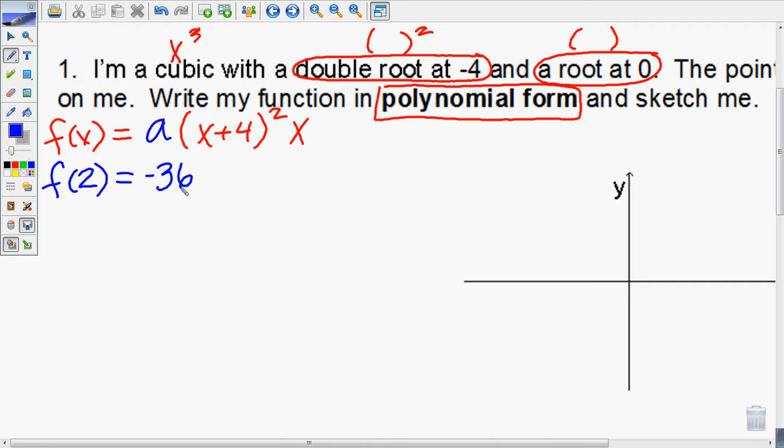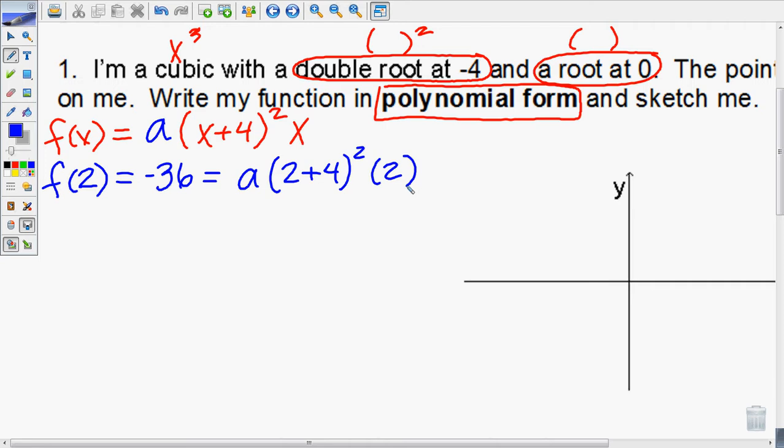When it's written in function notation, what does that mean about this 2? Everywhere you see an x, you put 2. Exactly. Everywhere I see an x, I put a 2. So this equals a times 2 plus 4 squared times 2. There used to be an x here, and there used to be an x here, but now they become 2's.